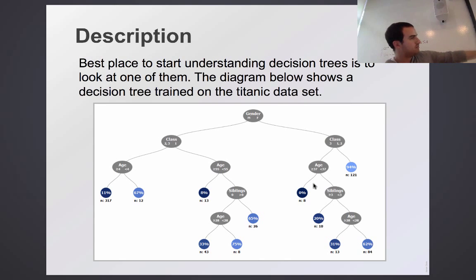So, decision tree. This is a decision tree in a visual way, based on the Titanic data set. If you're looking at it on your own laptops, it might be a little easier to see the words.